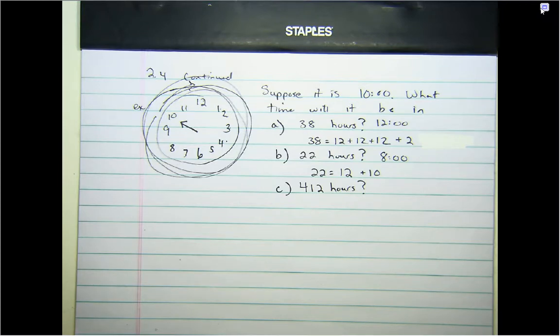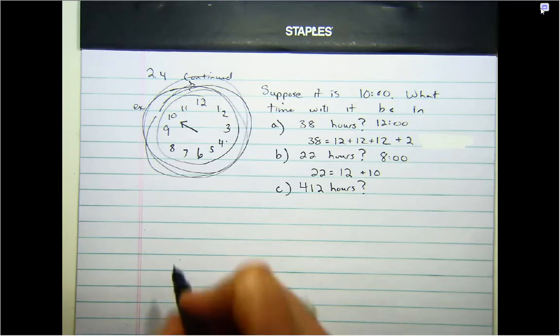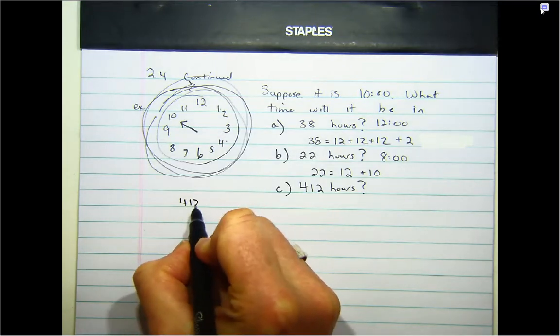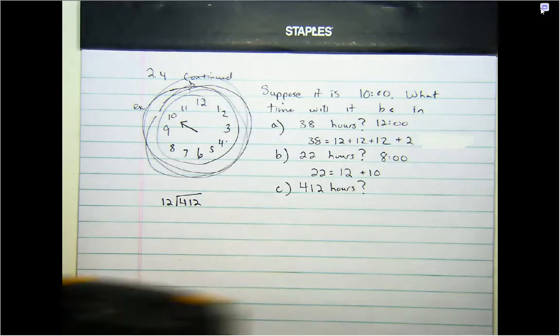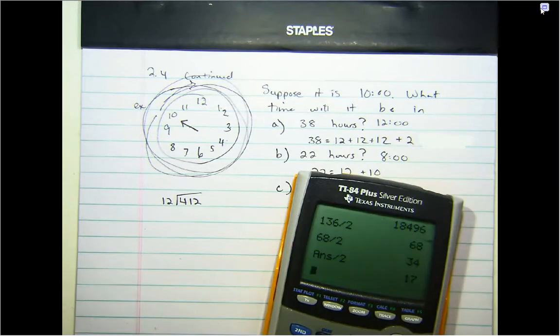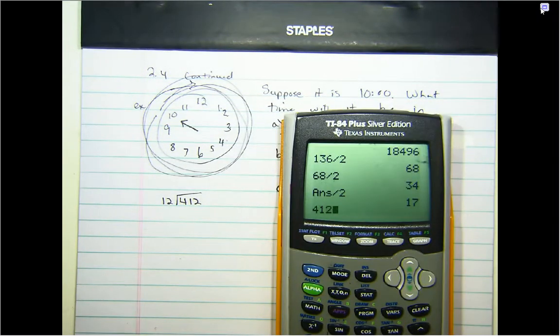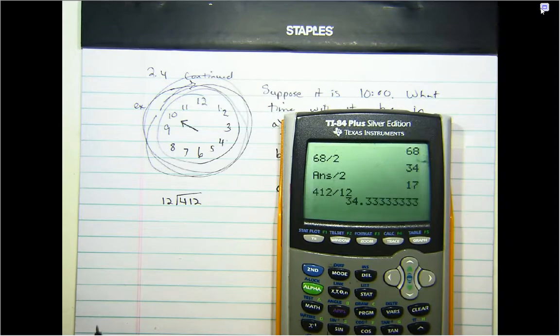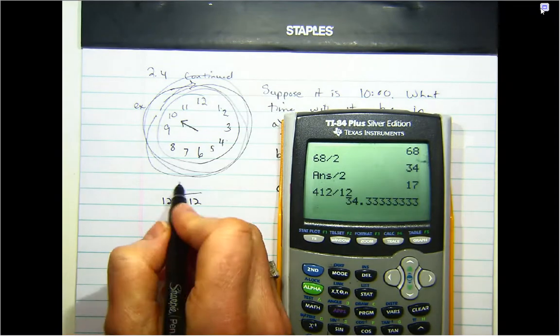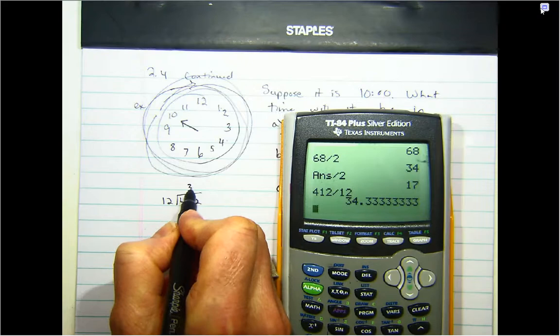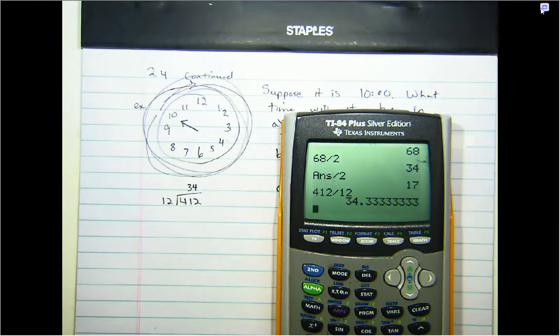So we want to take out multiples of 12. So we divide 412 by 12 to see how many times 412 can be divided by 12. We get 34.3 repeating. And that means you can go and take out 34 multiples of 12.